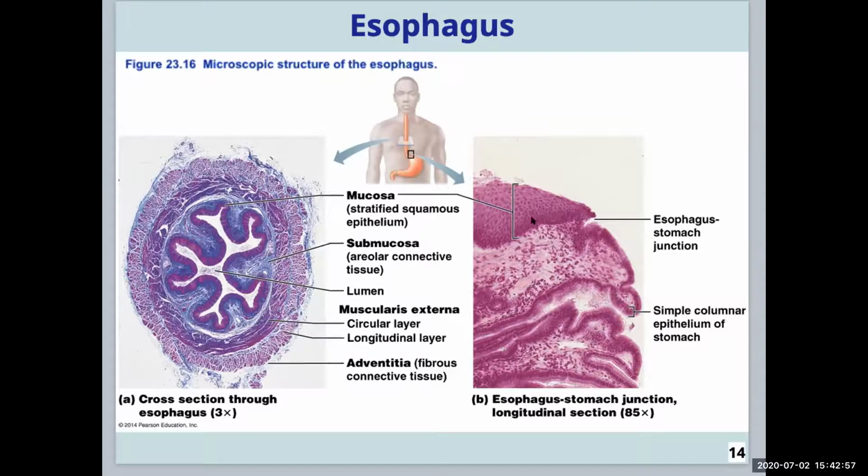How you can tell that's the GEJ is you see the transition from non-keratinized stratified squamous epithelium to this simple columnar epithelium that characterizes the stomach. This is actually pretty cool. You see that abrupt change in the lining epithelium.